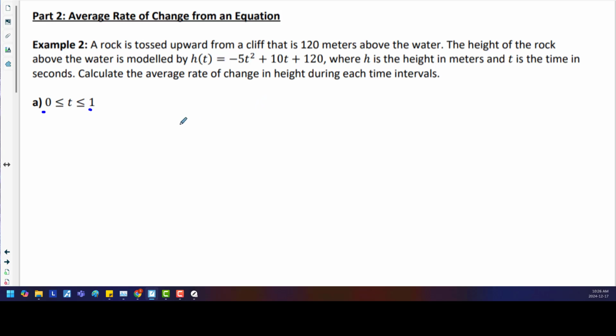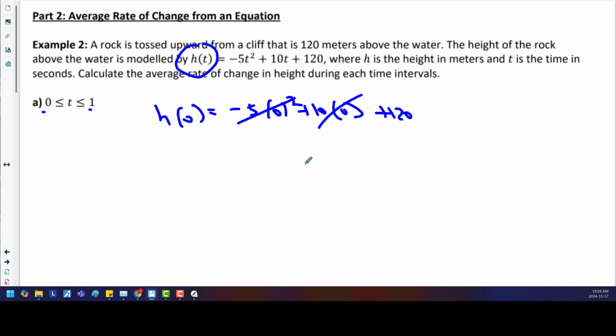All we have to do is substitute these values to get our height at 0 and 1. So h of 0 is equal to -5 times 0 squared plus 10 times 0 plus 120. And anything times 0 is just 0. So the initial height at 0 seconds is 120 meters.